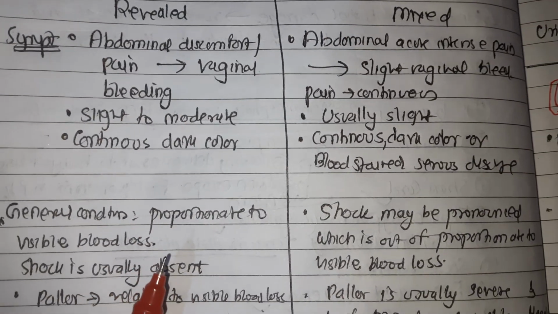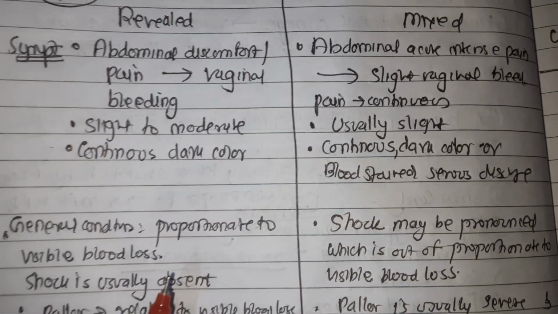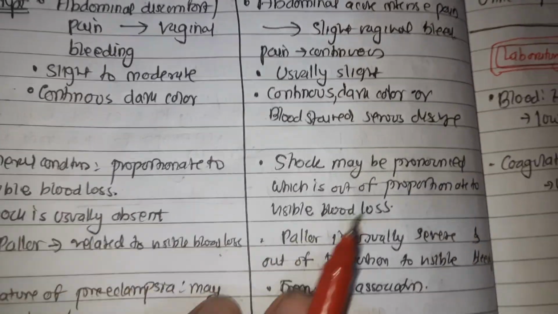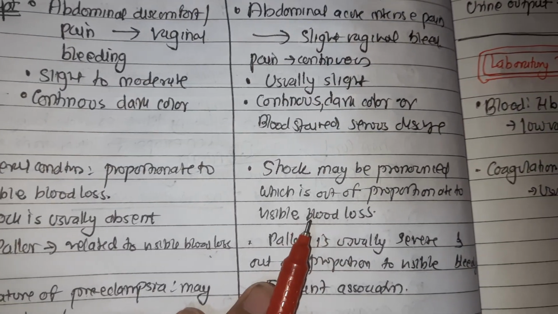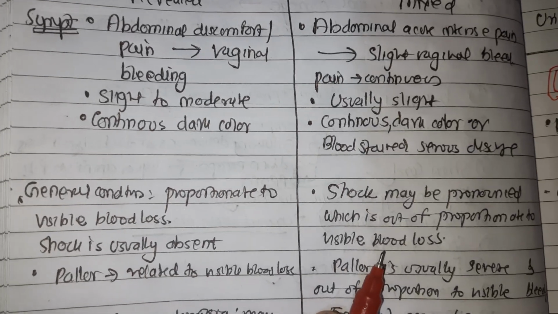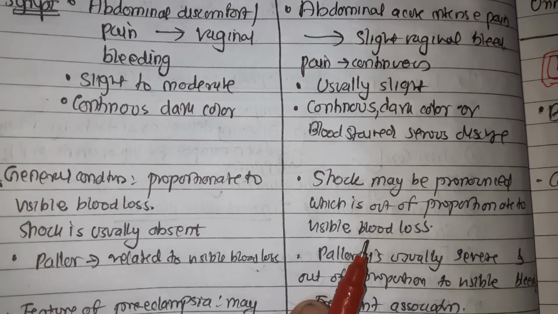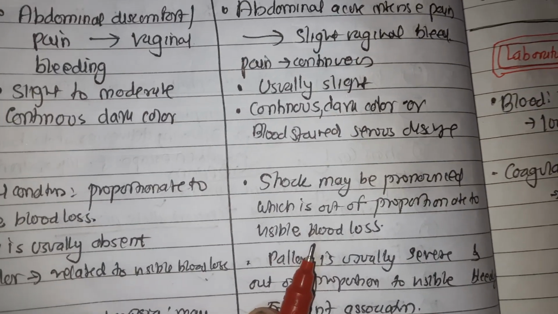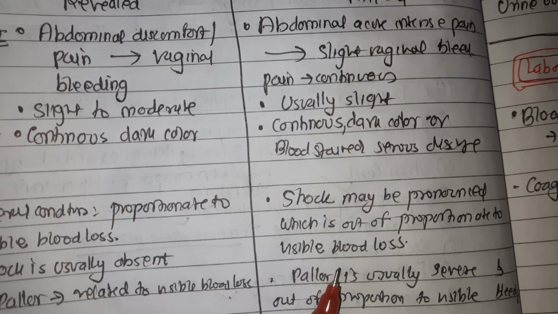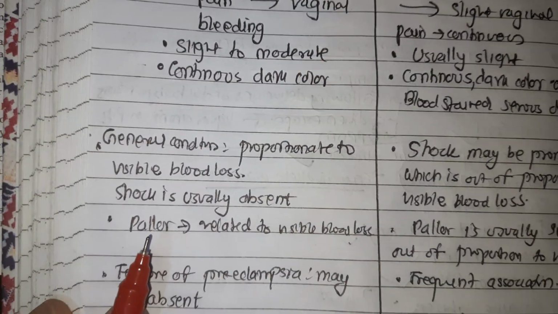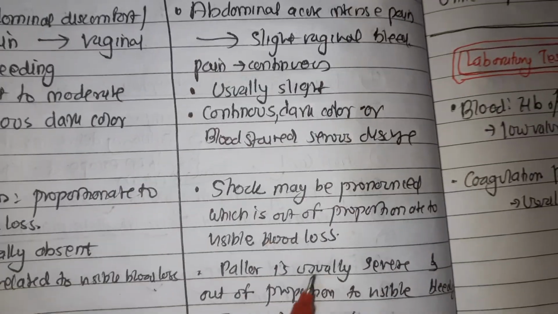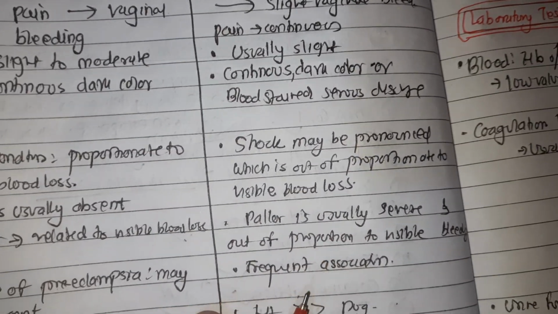In the revealed type, the general condition is proportionate with the visible blood loss. Shock is usually absent. In the mixed type, shock may be pronounced and out of proportion with visible blood loss, as the hemorrhage is not visible. Pallor is related to visible blood loss in the revealed type, whereas in the mixed type pallor is usually very severe, out of proportion to visible blood loss.